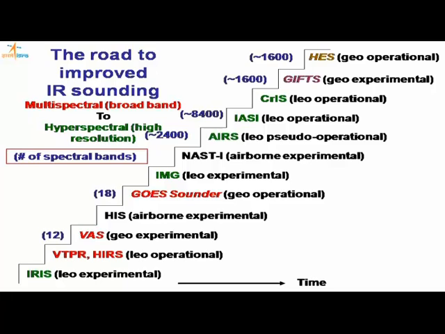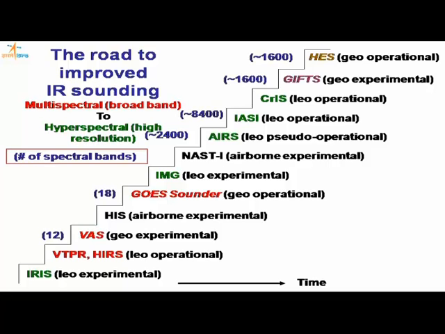So these are hyperspectral sounders, and the first such sensor was launched in 2002, that is AIRS. IASI was launched in 2006, and this CrIS, which is on board the NOAA polar orbiting satellite, Suomi NPP, has around 1400 channels.